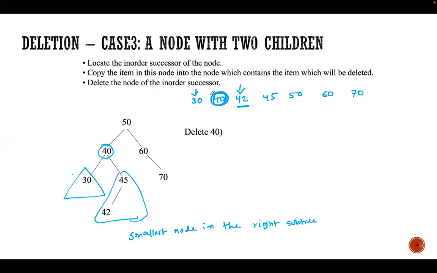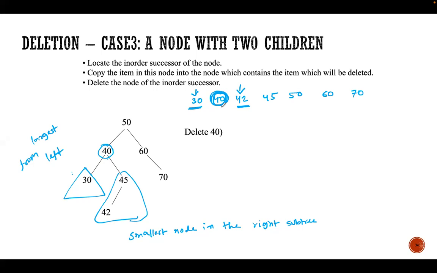So we are trying to delete the node 40. We can pick either 42 or node 30. The node 30 we can find by finding the largest value from the left subtree. If I want to pick the value 42, then I can find it by finding the smallest node in the right subtree.